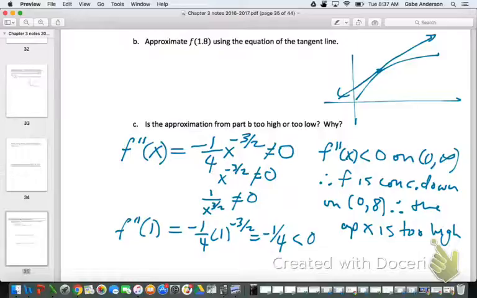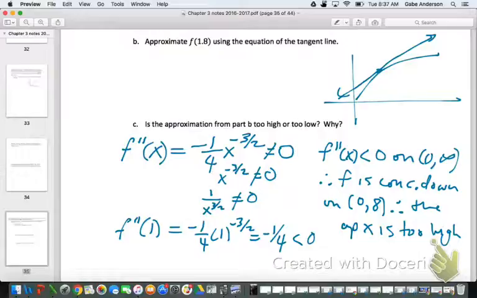If f double prime is continuous on its domain, which it is, and it never equals 0, then doesn't f double prime have to always be positive or always be negative? It's got to be one of the two, because if a function, I'm using the IVT here, is continuous yet never equals 0, it has to always be above the x-axis or always be below. So I said, okay, fine.